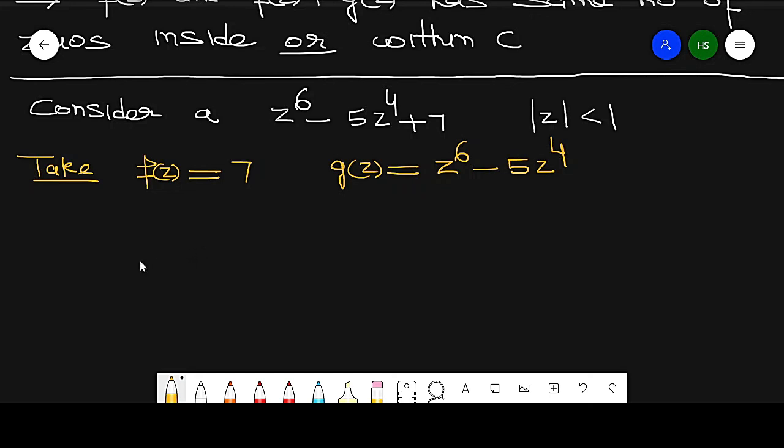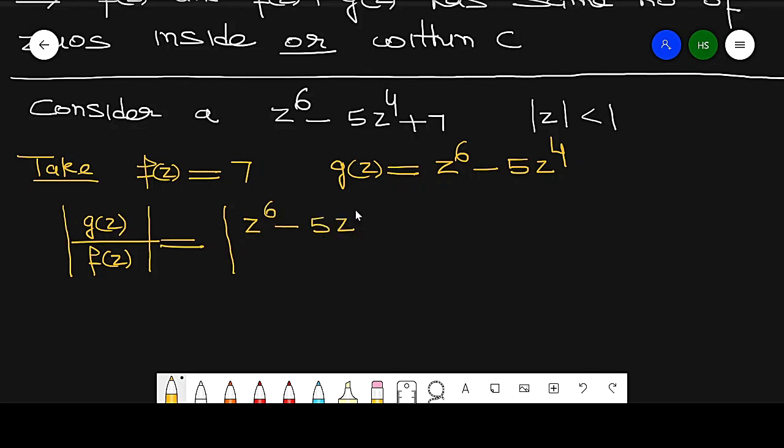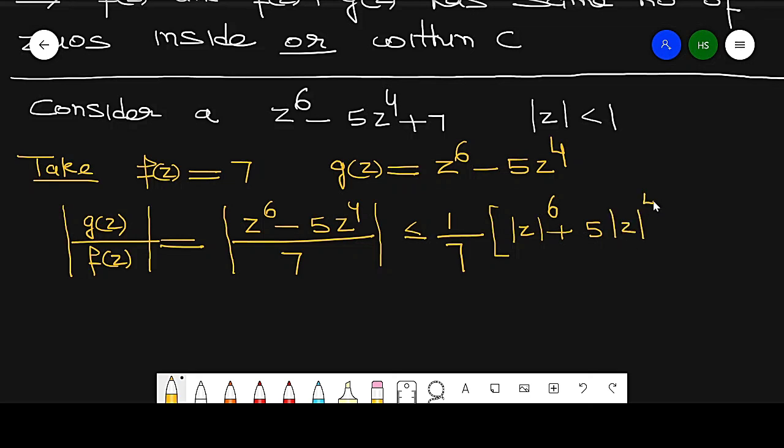Now what is modulus of g(z) over f(z)? Just substitute the values. We get modulus of z raised to power 6 minus 5 z raised to power 4, over 7, which is less than or equal to 1 by 7 bracket modulus of z raised to power 6 plus 5 modulus of z raised to power 4.